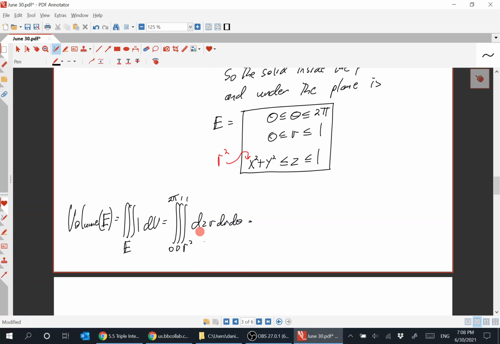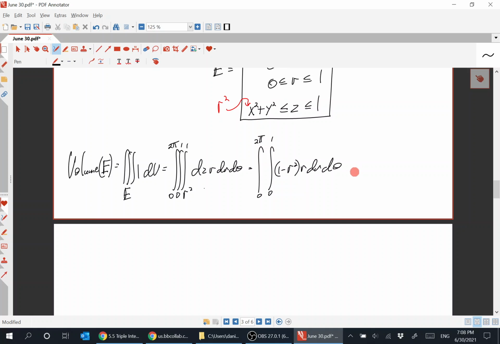There's nothing here, it's just a constant, so you get 1 minus r squared, and then you have this r dr d theta. So that's r minus r to the third dr d theta.